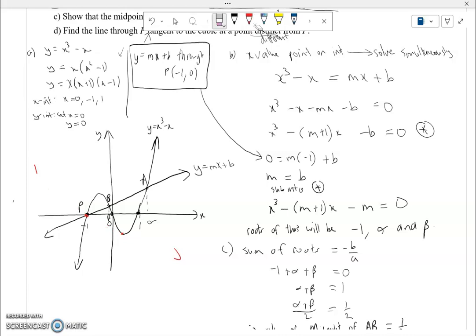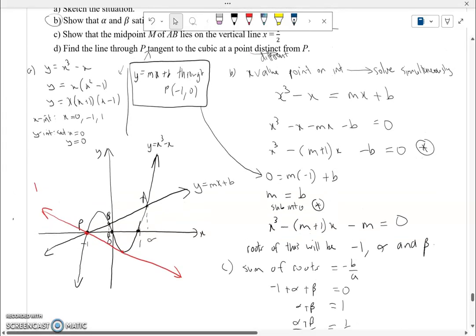I'll try and draw it a bit better. That line there is the line that goes through P, and it is a tangent at another distinct point. Okay, so that's the equation of the line. Okay, so that's what we're after for part D.